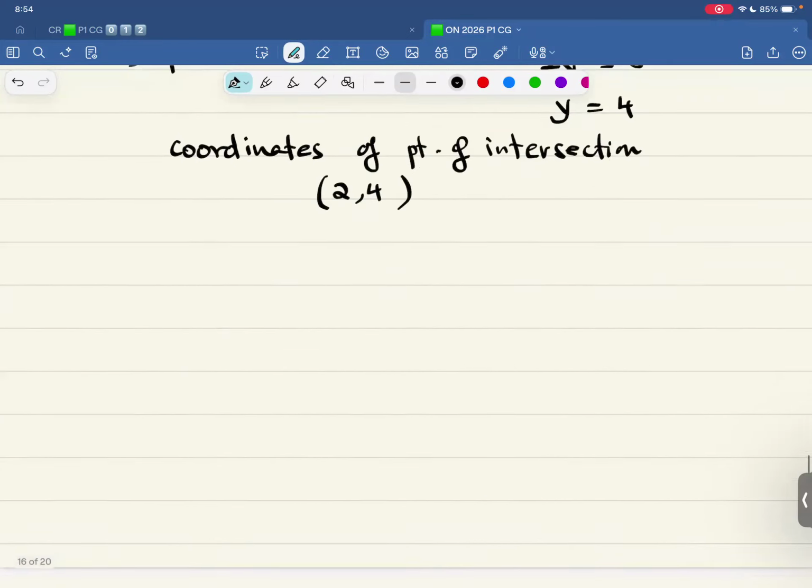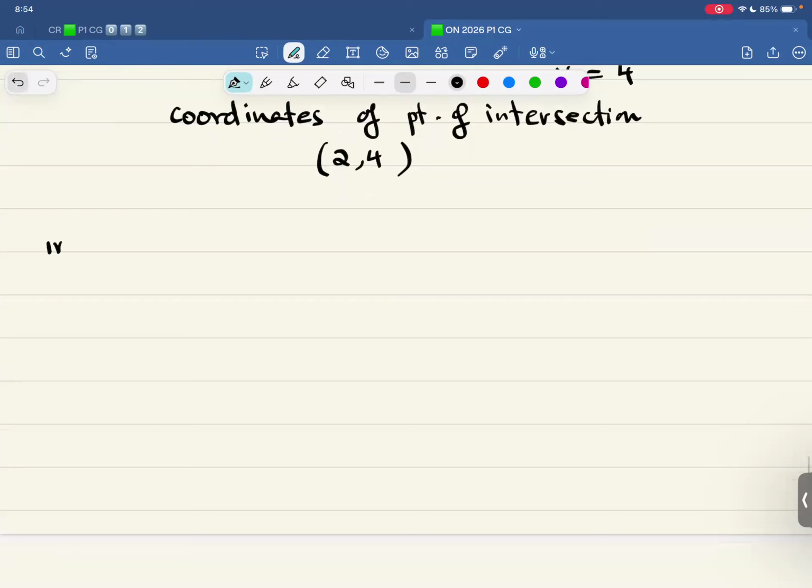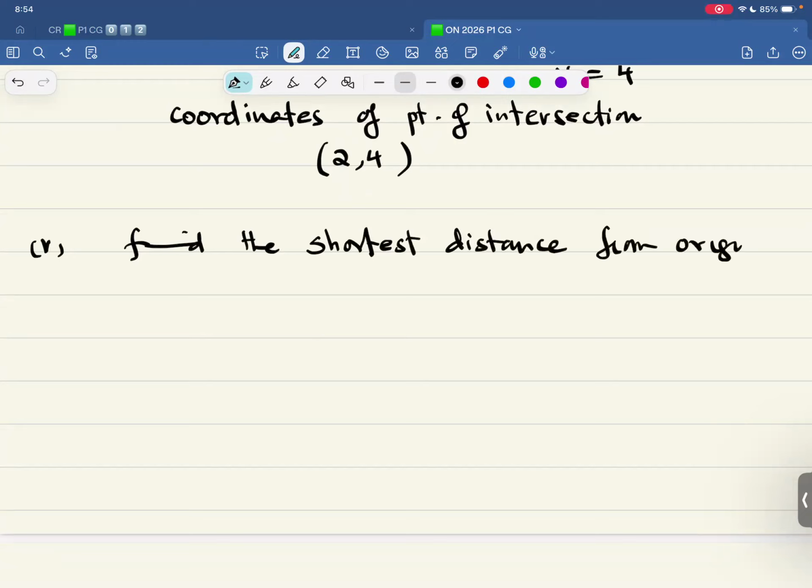Now, what else can I ask? I can ask part 5: find the shortest distance from the origin to the line AB.